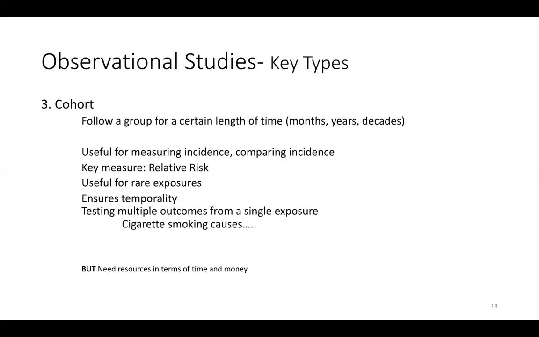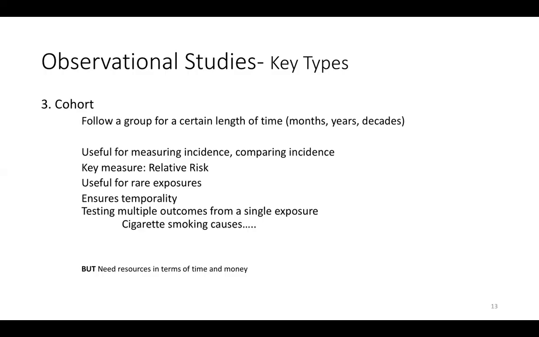Let's move on to cohort studies. In a cohort study, we follow a group for a certain length of time, months, years, decades. They are useful for measuring incidence and comparing incidence. The key measure is relative risk. They're useful for rare exposures.